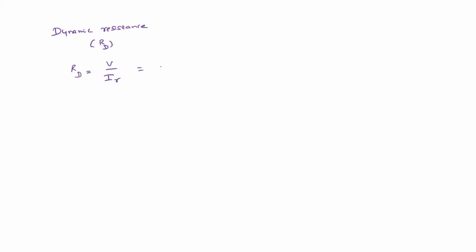So what is this IR? This is V into YR, where YR is the admittance at resonance. So it will be V into R by R square plus omega R square into L square, right?